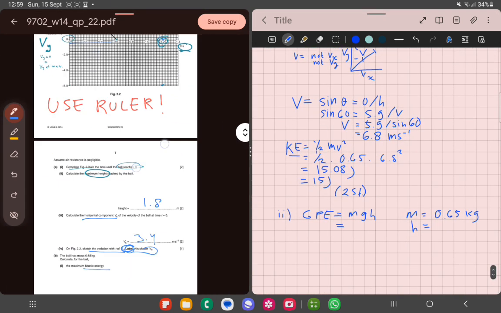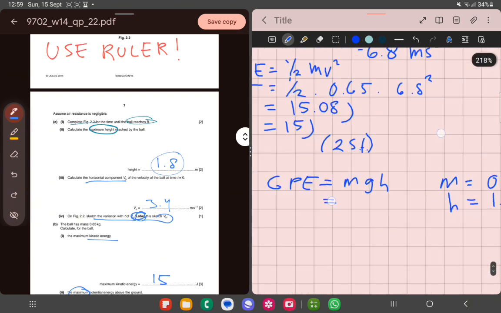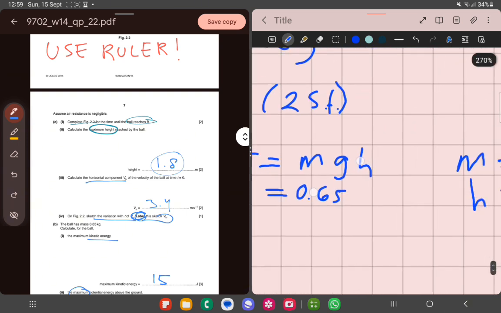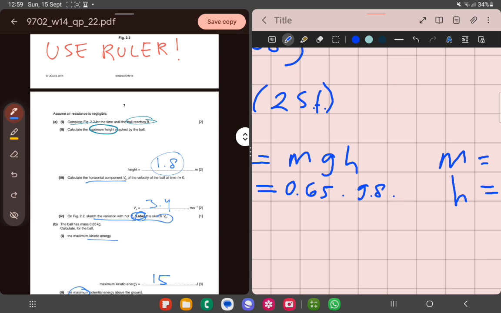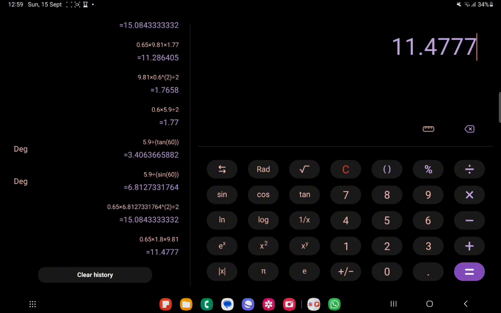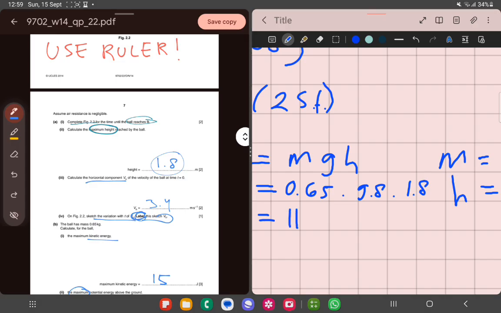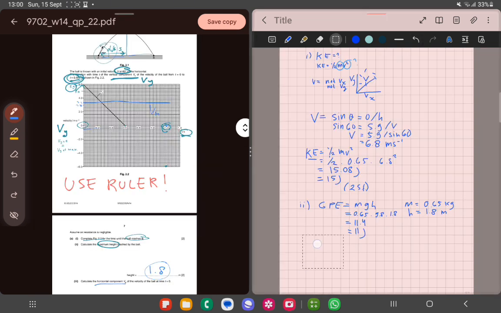So we can substitute the Sy value, which is 1.8 meters. We substitute all of the values and put it in the calculator. Thus we have 11.4777, or we can simplify it and round it down to 11 joules. And that is it for the past papers.